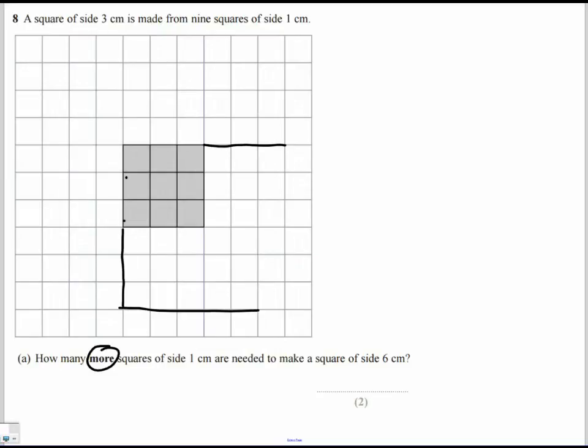Now I've made my square up. How many extra squares did I need to make this new 6 by 6 square? Counting them gives 27. So 27 additional squares are needed to make our biggest square.